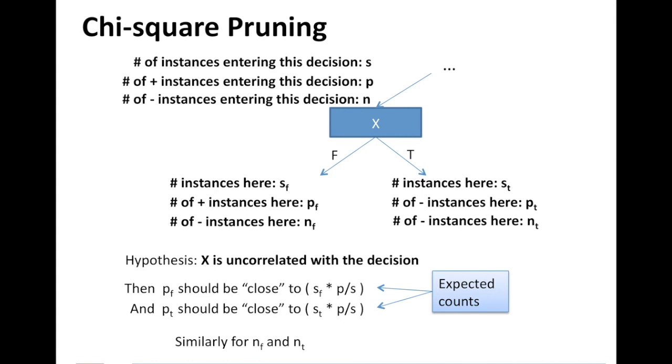Now, it's a significance test, so you go with a hypothesis: that x is uncorrelated with the decision. You're saying x is not contributing to the decision.